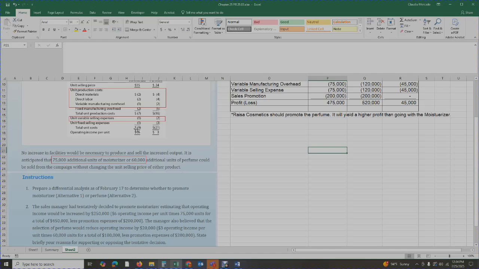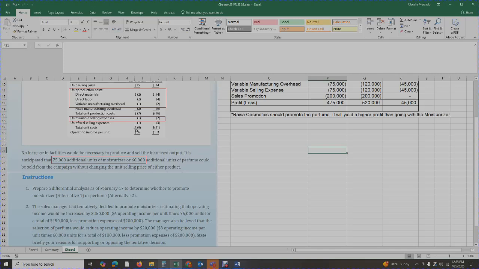The manager believed that the selection of the perfume would reduce operating income by 20,000. So he got the $3 operating income times the 60,000 units for a total of 180,000, less the promotion expense of 200,000. That would give a negative number, so you would have a loss.